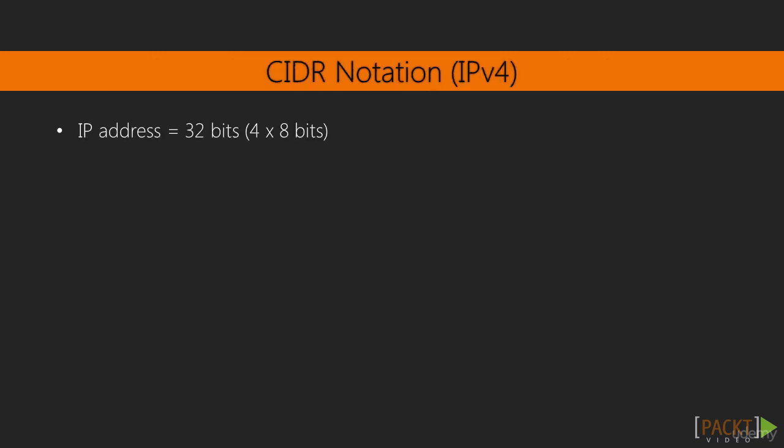VPCs on AWS use version 4 of the Internet Protocol known as IPv4. There is no current support for the more recent version known as IPv6. An IPv4 address is defined using 32 bits broken up into 4 parts. Each part is 8 bits, and so their values range from 0 to 255.